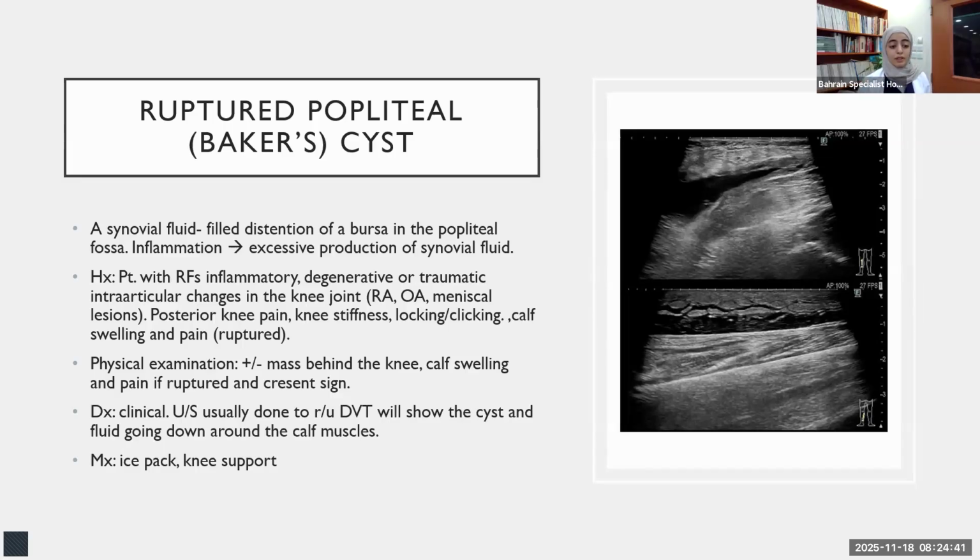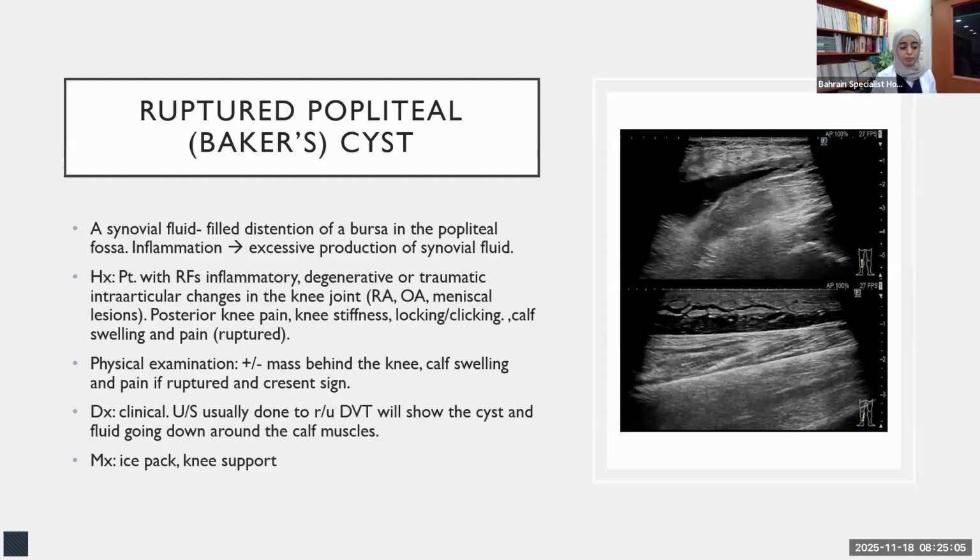For the physical examination, positive or minus mass behind the knee if it is not ruptured, the calf swelling and the pain if ruptured, and the crescent sign, which is caused by the fluid leaking down. It will cause discoloration at the ankle region, which resembles a crescent.